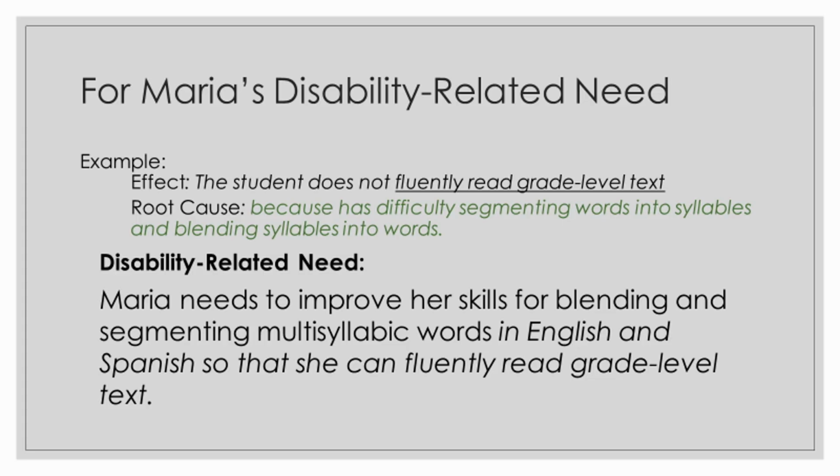For Maria's case, the disability-related needs statement is Maria needs to improve her skills for blending and segmenting multisyllabic words in English and Spanish so that she can fluently read grade-level text.